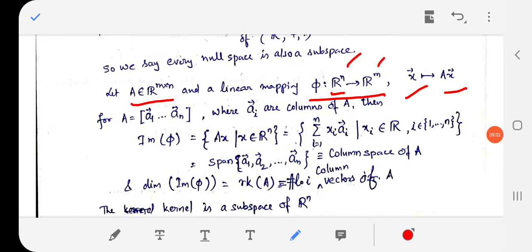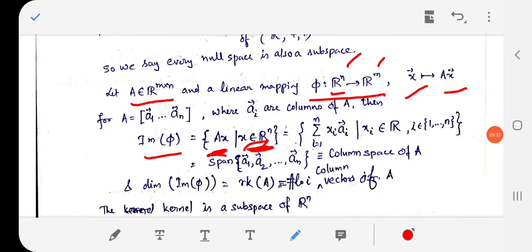Now notice that the image of phi is nothing but all the items that can be written as Ax, where x is in R^n, right? So R^n is your domain, and Ax gives you the images.